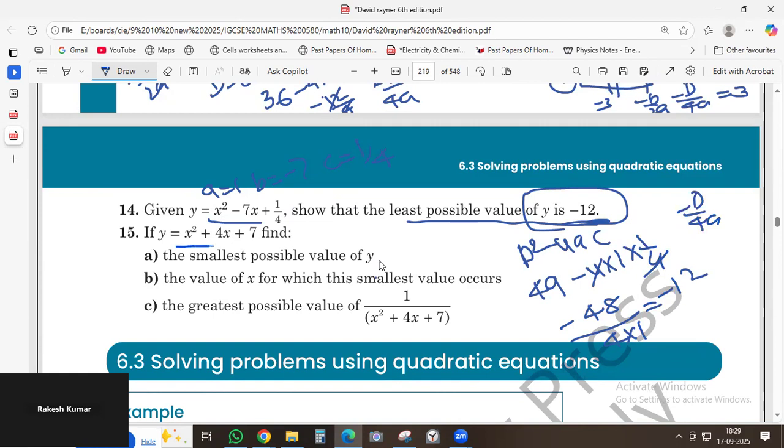Achha, again, find the smallest possible value. So let me do this also. Minus d by 4a. Again b square minus 4ac is 16 minus 4 into 1 into 7, so 16 minus 28 is minus 12, and minus 12 by 4 is minus 3.